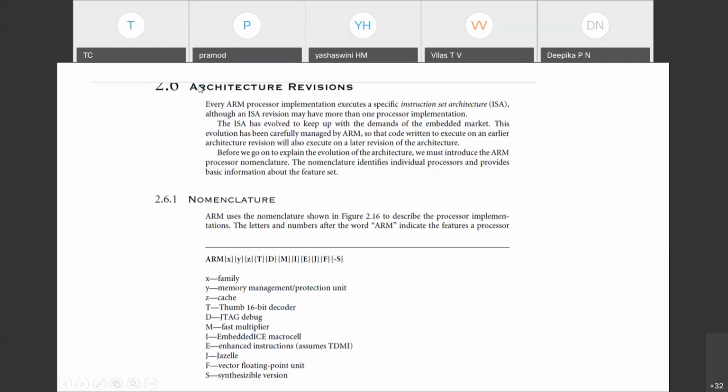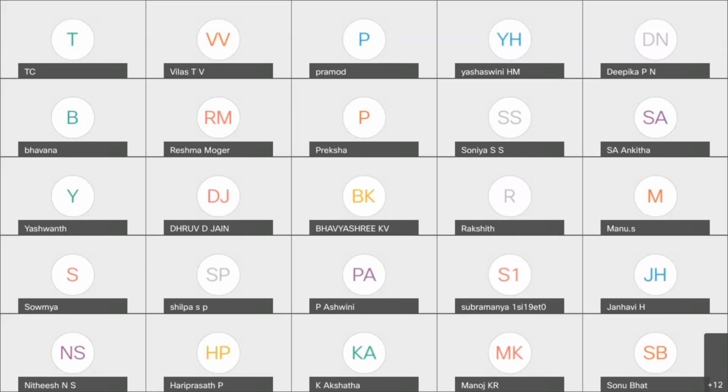Am I audible, Pramod? Yes, sir. My screen is visible, you just tell me. What is visible, I just want to know. For example, I wanted you to use Keil MicroVision.